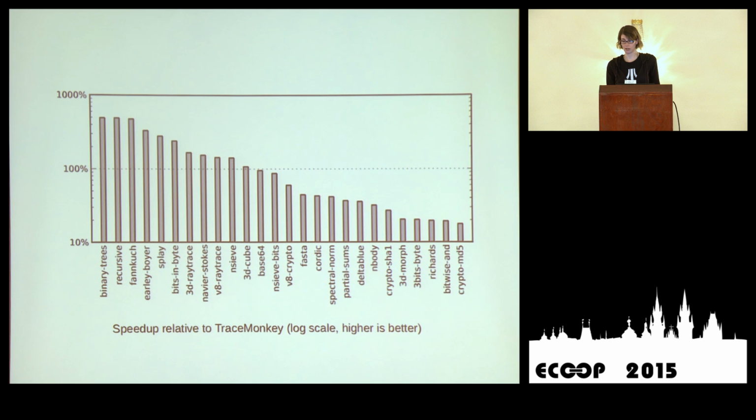TraceMonkey tends to perform very well on benchmarks that have very small loops, which follow the same execution path every time. So when you have a very tight loop, TraceMonkey can inline everything and get very good performance. But Higgs tends to perform better on the bigger, more complex benchmarks, on the larger benchmarks.